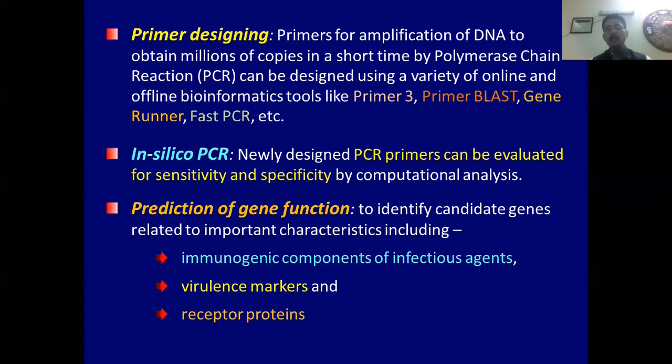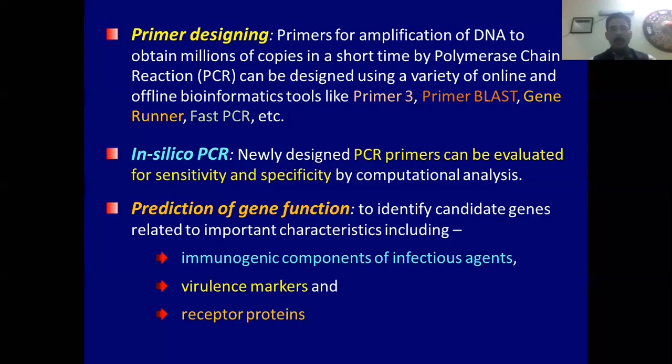That reduces the time and cost required for your molecular biology experiment. That is why primer designing followed by in-silico PCR is now commonly done using online tools which are available free of cost. Open access software is available online.